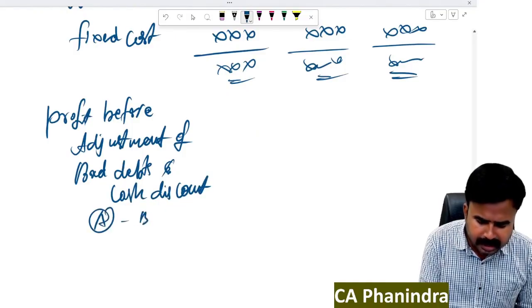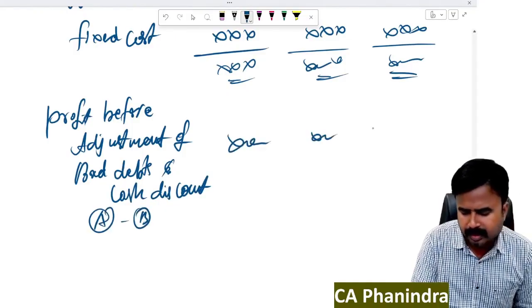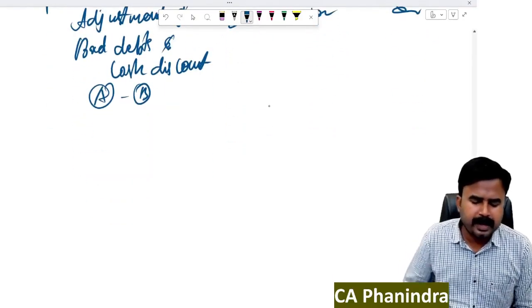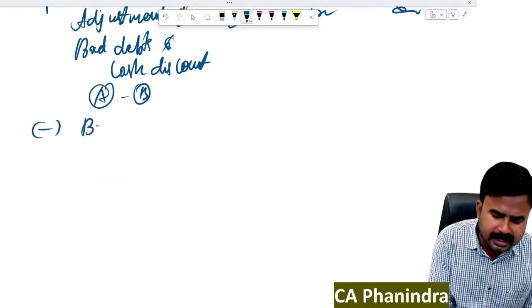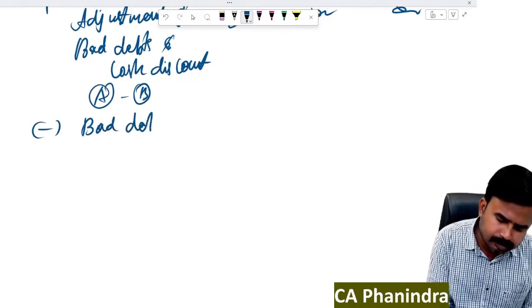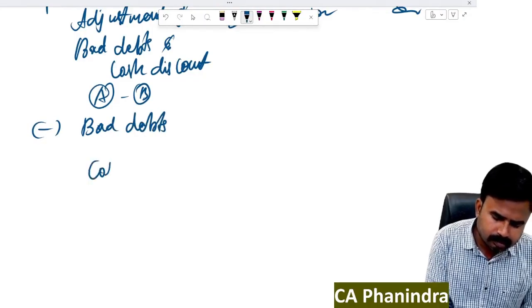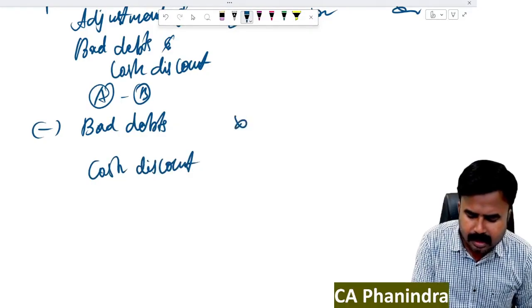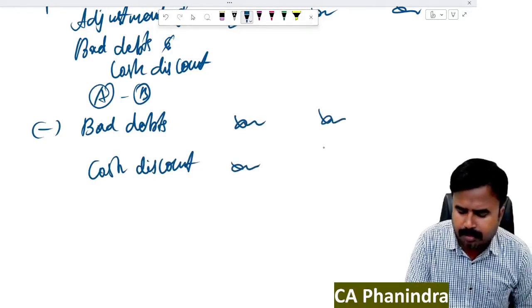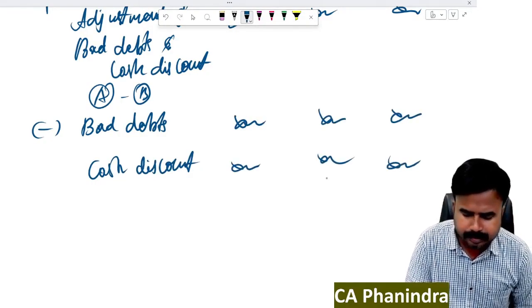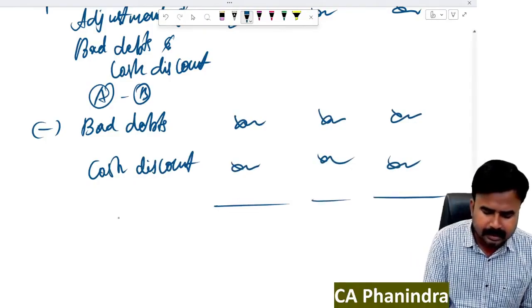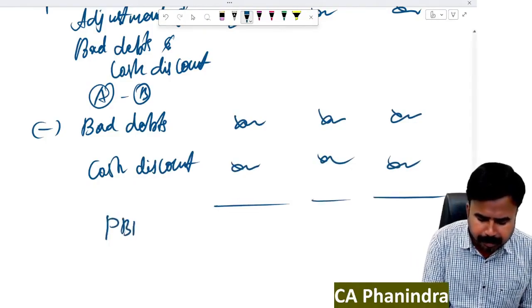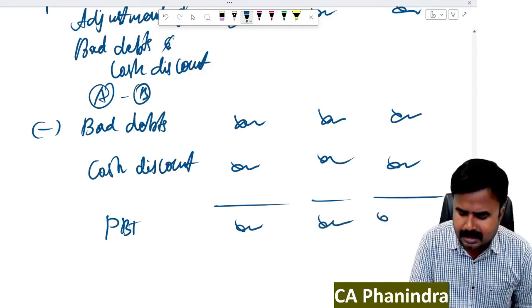That will be A minus B. Okay. From this, please deduct your bad debts and cash discount. These two are two separate items. Write the bad debts and cash discount for the respective columns. Deduct it. Then I'll get profit before tax.